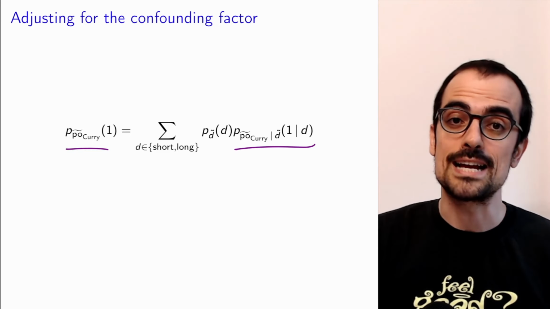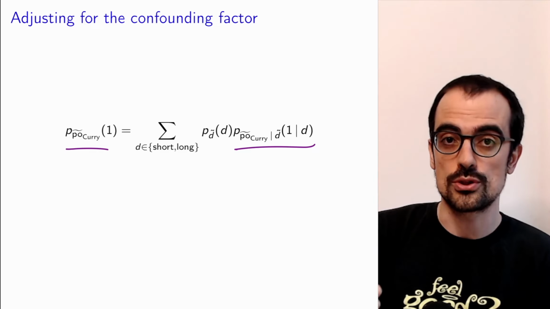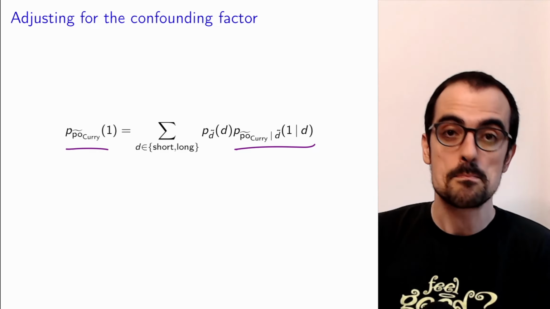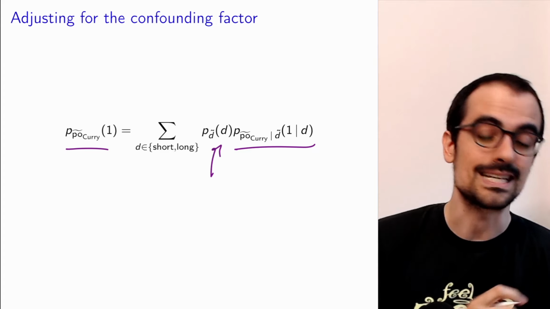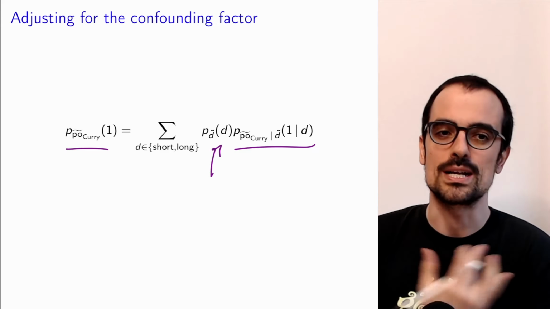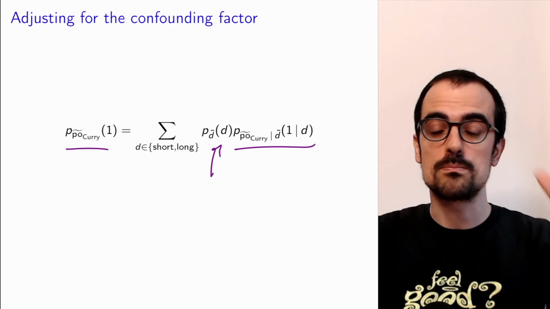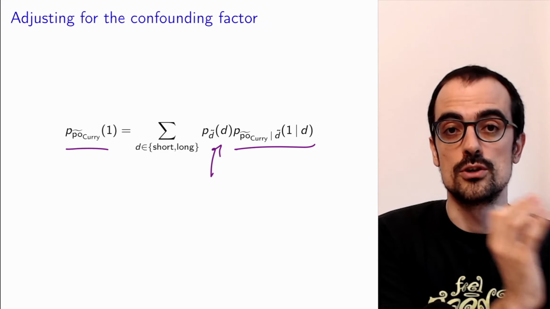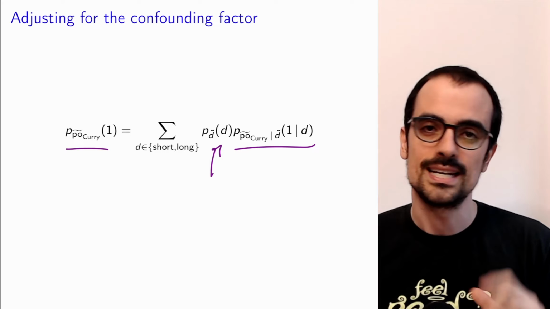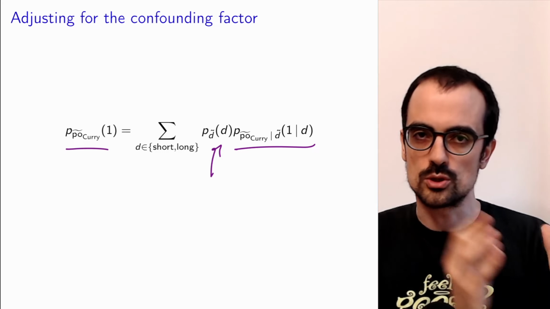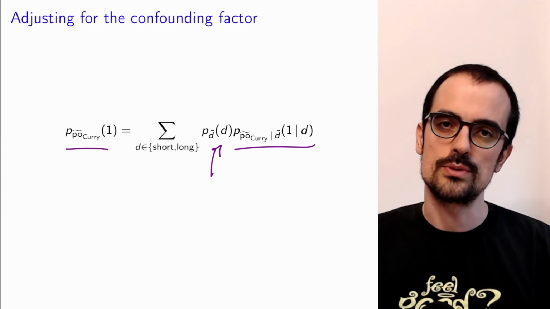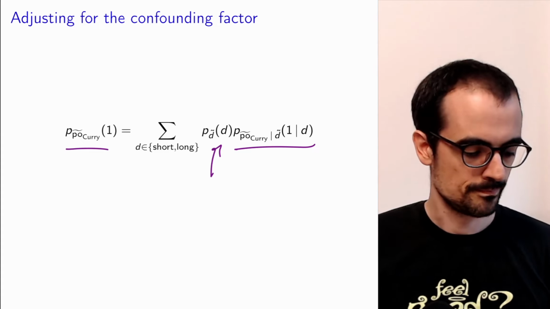Now I'm going to multiply not by the fraction of short threes or long threes that he takes, but by the fraction that a typical player takes, which we can estimate from our data by just seeing in general for all players what is the percentage of short threes or long threes they take. In this case, we're just considering these two players, so we're just going to pool all the short threes and long threes from the two players.